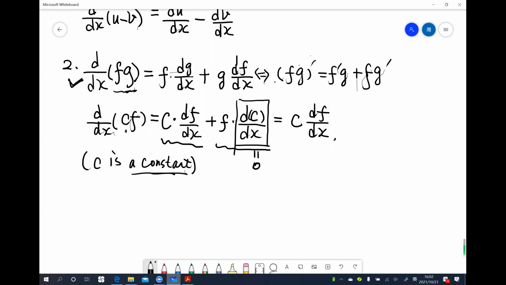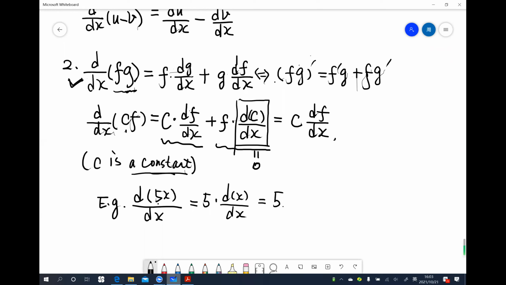So here I will give you an example. I want you guys to calculate d(5x)/dx. You should know here 5 is a constant, so that equals 5 times dx/dx, which equals 5, because the derivative of x equals 1.